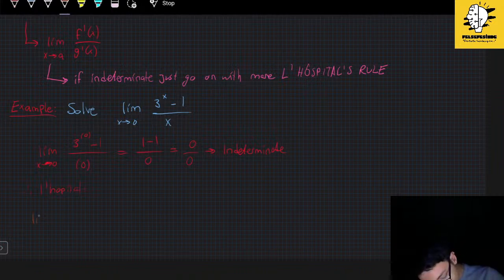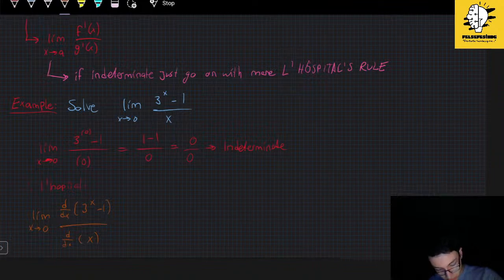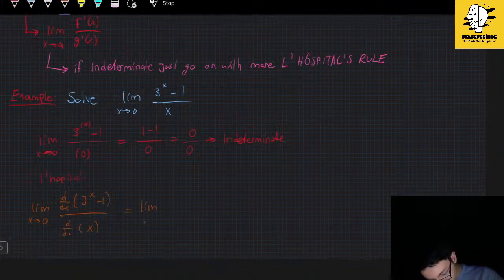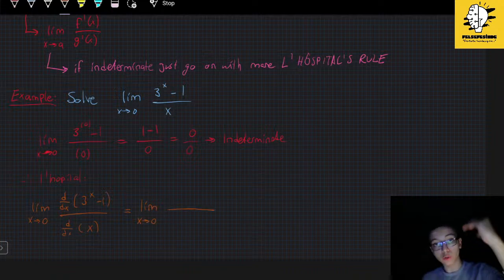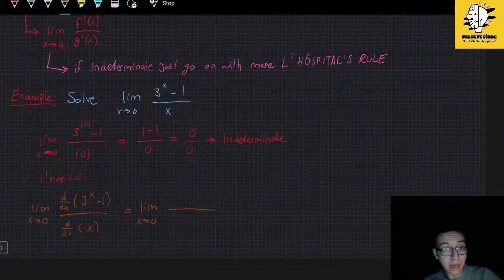So the limit as x approaches 0 will be the same as d/dx of (3 to the power x minus 1) over d/dx of x, right? I am taking a derivative of both numerator and denominator, keeping my limit exactly the same.